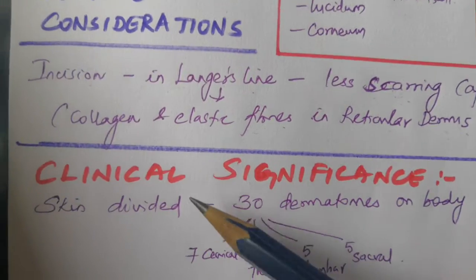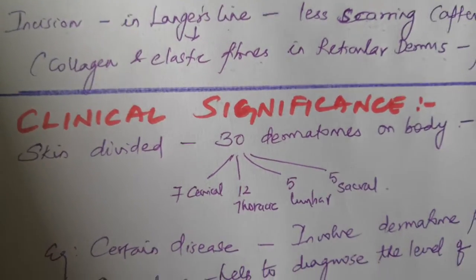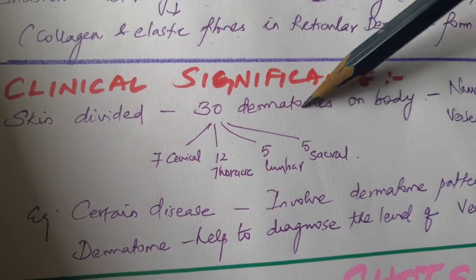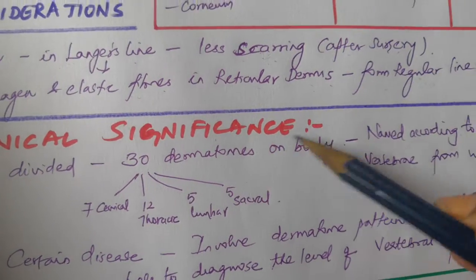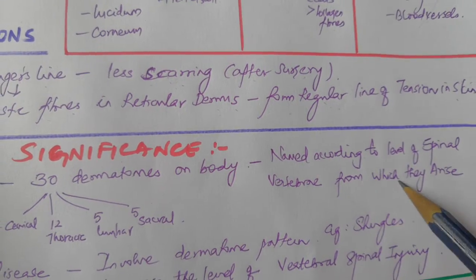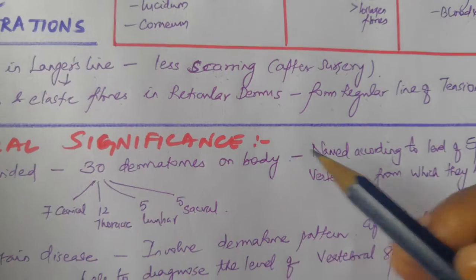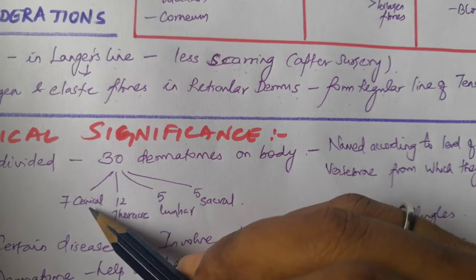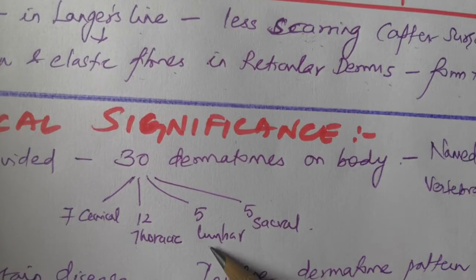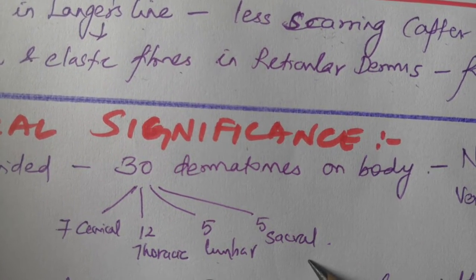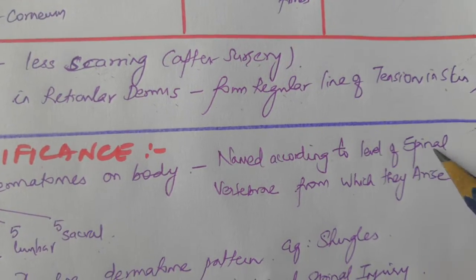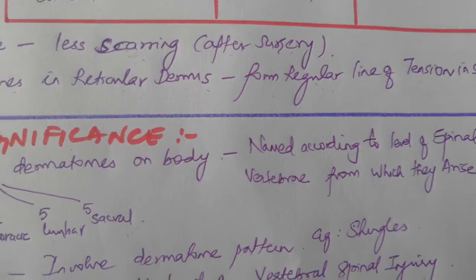Okay. Then clinical significance. We all know skin is divided into 30 dermatomes. That is based on the level of spinal vertebrae from which it arises. So, for example, there will be 7 cervical dermatomes, 12 thoracic dermatomes, 5 lumbar dermatomes, 5 sacral dermatomes. So, these are named according to the level of spinal vertebrae from which they arise.